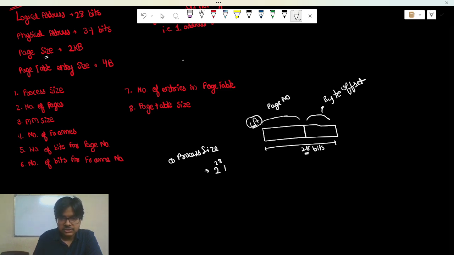So this is your process, and there are several locations. You have 2 raised to the power 28 locations, and each location is storing 1 byte of data. So your total process size becomes 2 raised to the power 28 bytes.